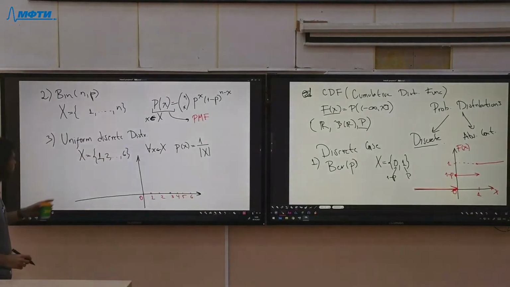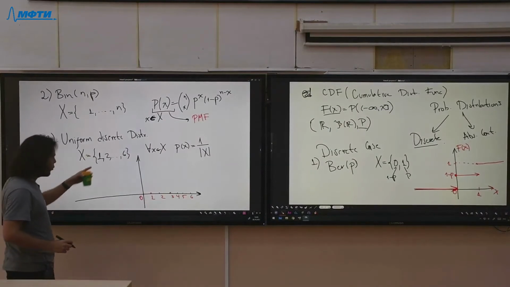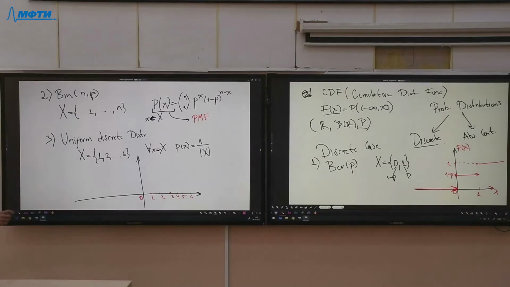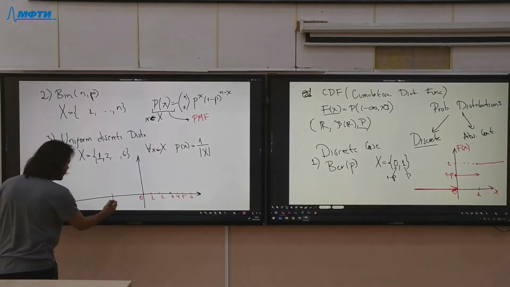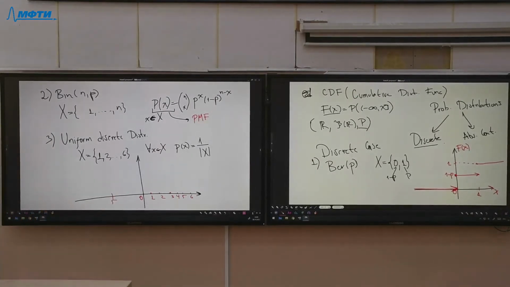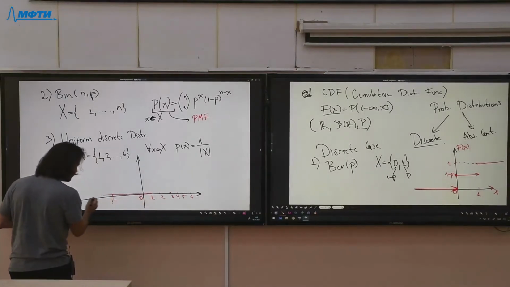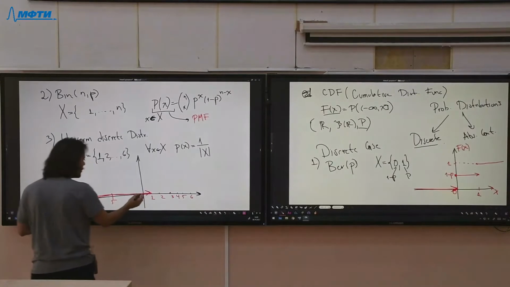So before 0, actually, before 1, we got 0, right? Because the probability that we obtain any number less than 1 is 0, because the least number that we have is 1. So this is like this.